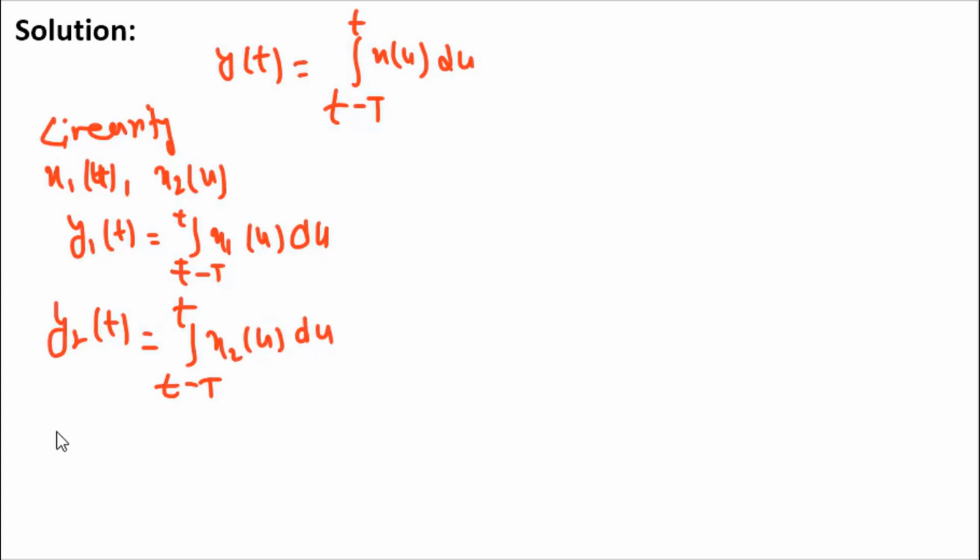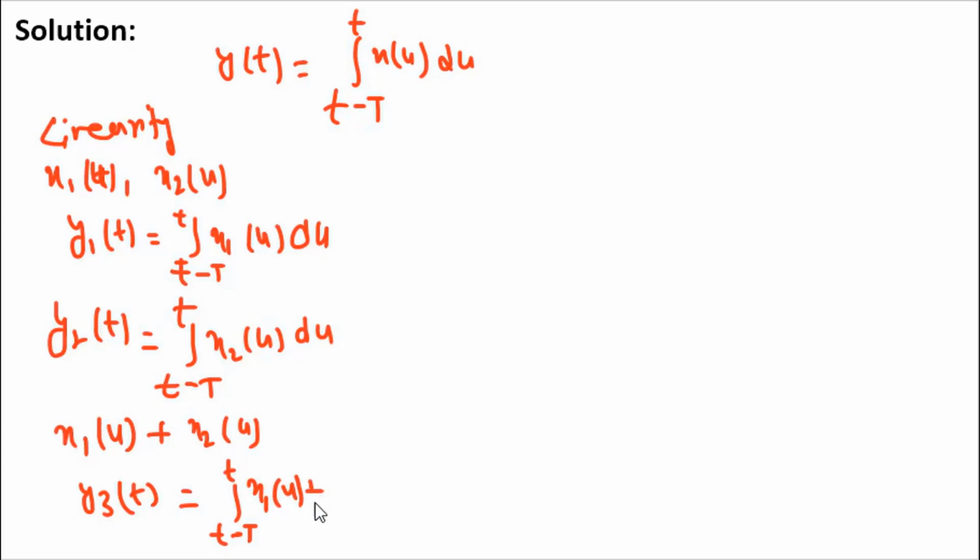Now you put the input as the addition of both inputs, that is x1 of u plus x2 of u, and you will get the output y3 of t, which is equal to the integration from t minus capital T to small t of x1 of u plus x2 of u du.